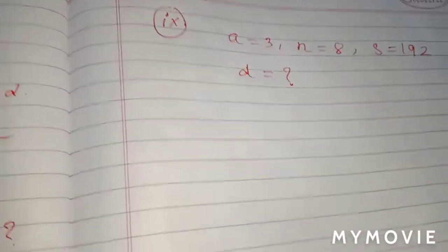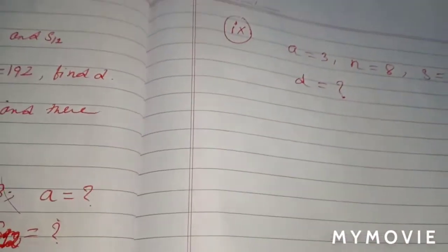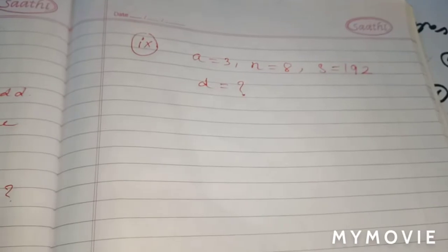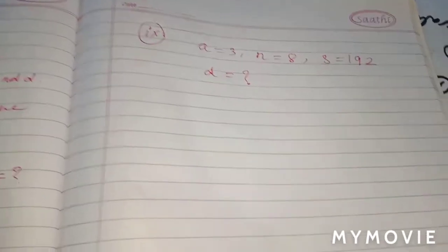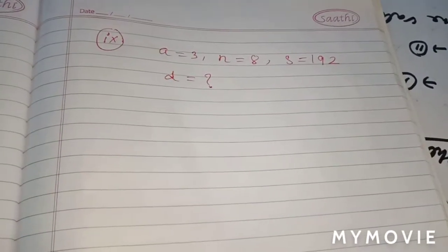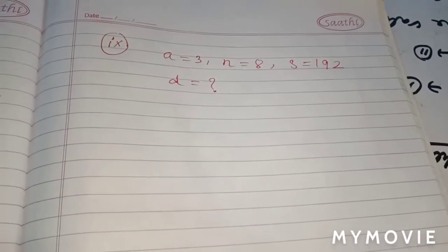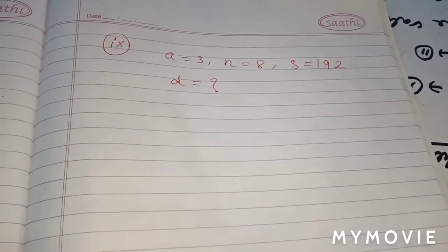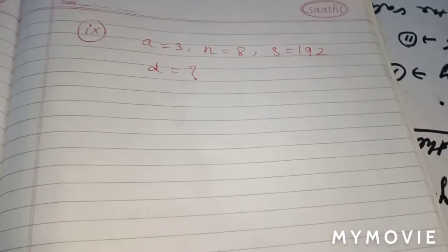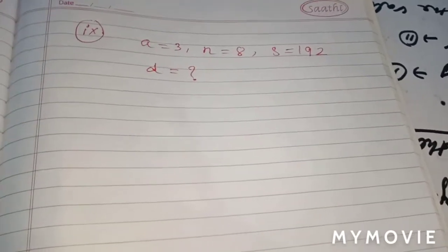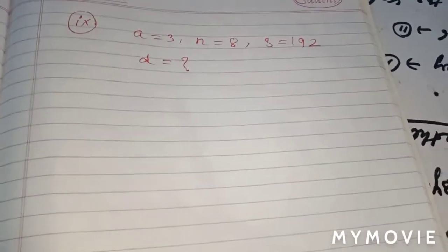In exercise 5.2, everything depends on An is equal to A plus N minus 1 D, and exercise 5.3 depends on the sum of n terms, Sn is equal to n by 2 into twice A plus N minus 1 D. So these are the two formulas.